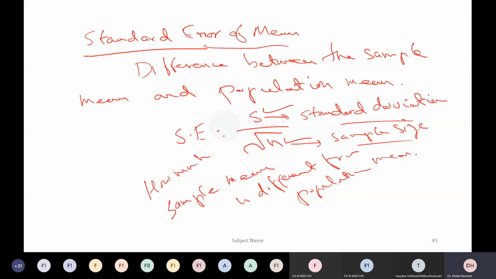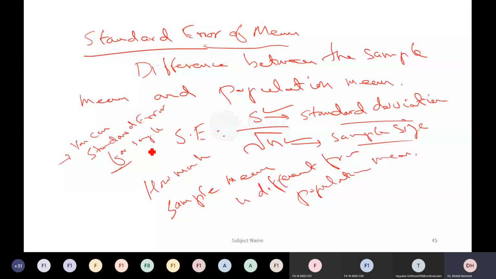We define the standard error as the difference between the sample mean and the population mean. That leads us to two important concepts. You can have standard error for a sample only.